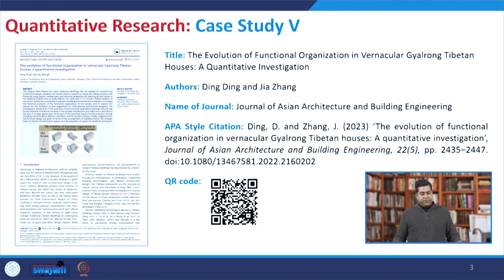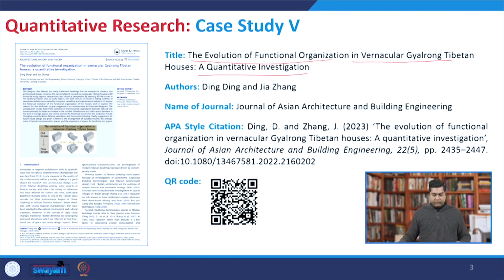Now here is case study 5, which is titled The Evolution of Functional Organization in Vernacular Gyalrong Tibetan Houses, a Quantitative Investigation. So in the title itself, the authors have mentioned that it is a quantifiable, or a quantitative study.